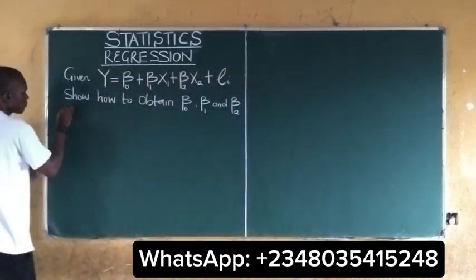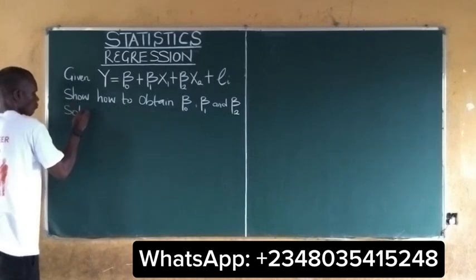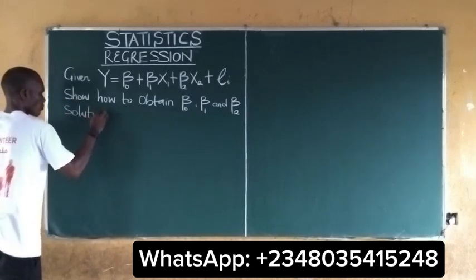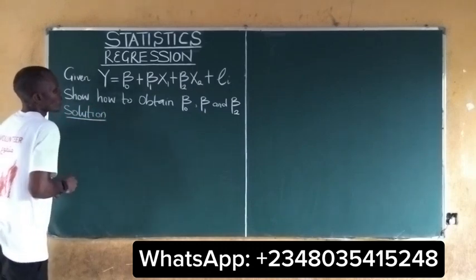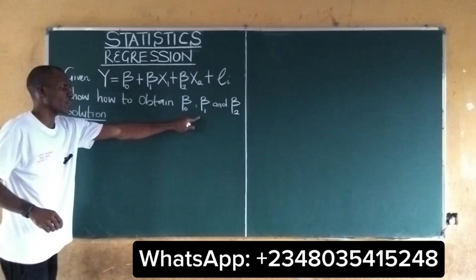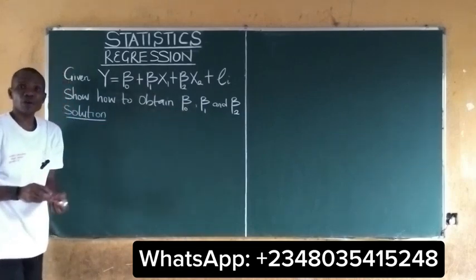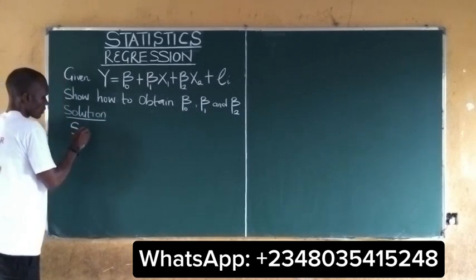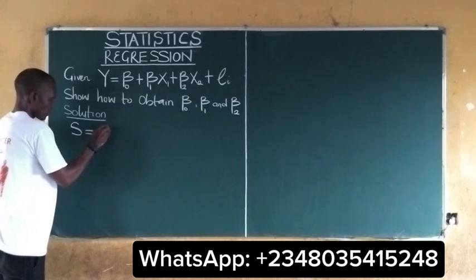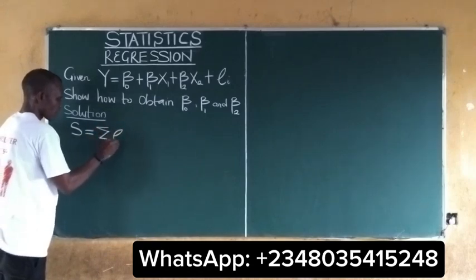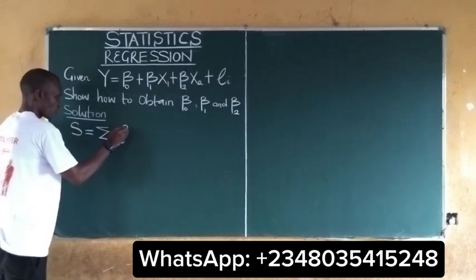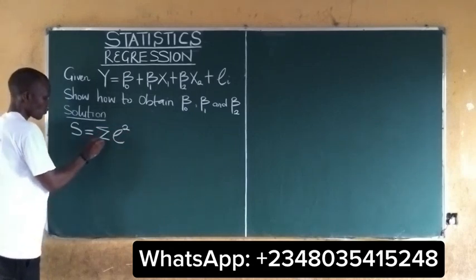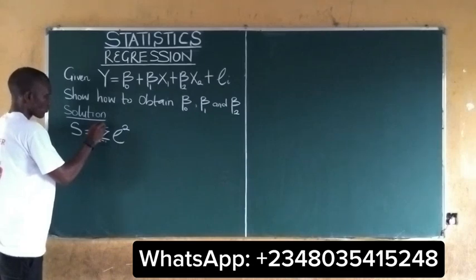Solution. For us to obtain B0, B1, and B2, we need to employ what is called the sum of square error. The sum of square error is given as the summation of the error term raised to the power of 2, where i ranges from 1 to n.